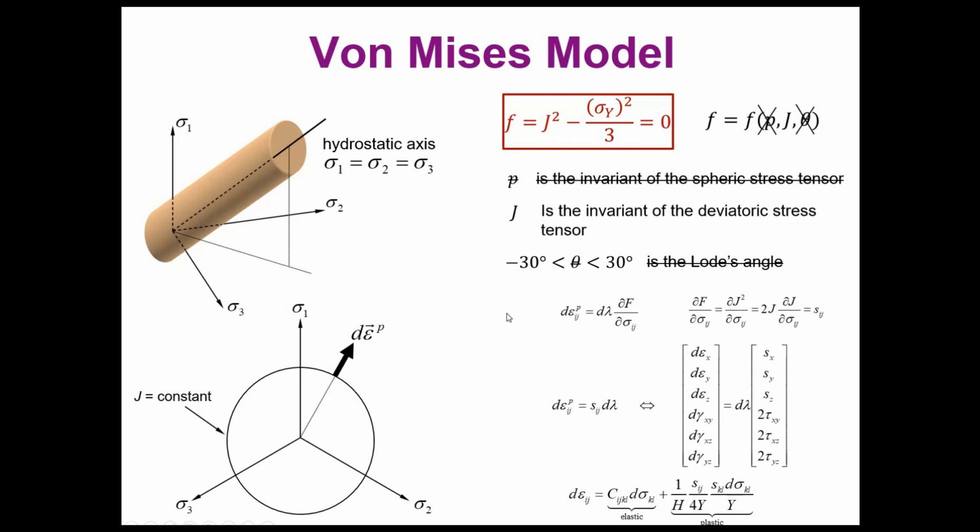We said before that the yield stress will allow us to calculate the plastic strains. In here we see that if this is the view of this theory perpendicular to the axis of hydrostatic stresses, we are going to see a circle. This circle will allow us to define directions of plastic deformation when this surface is expanding or contracting, for example.